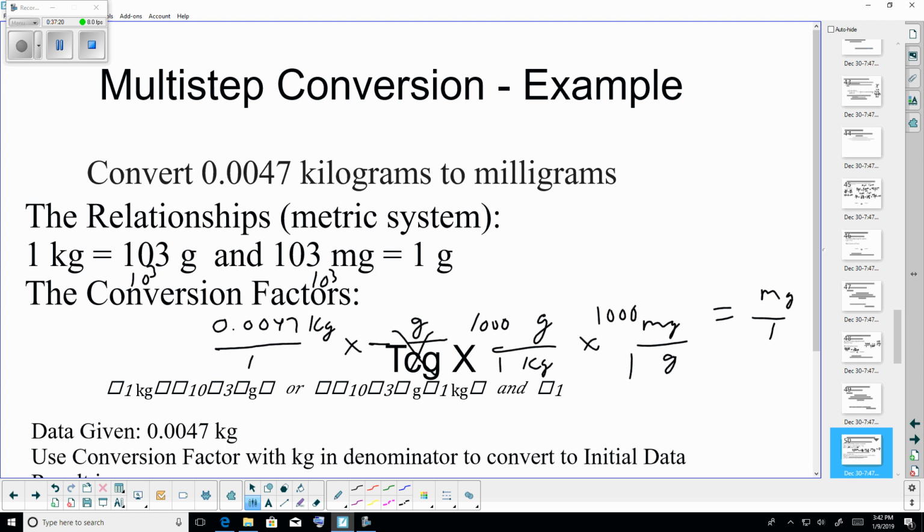So it'd be 4.7 times 10 to the third, 4,700. Sorry about the board messing up like that.